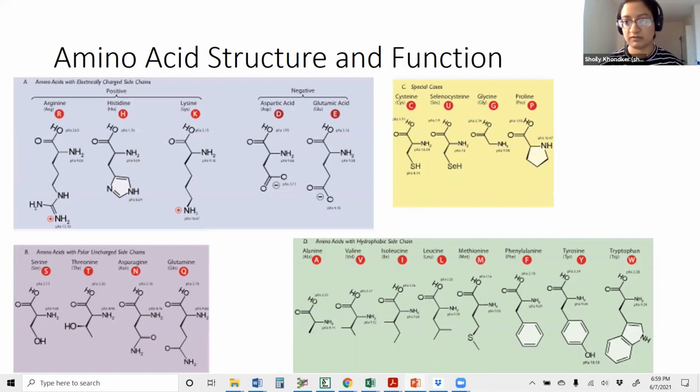In addition, it also affects protein folding. So if you have a protein that's in the cytosol, but it has a hydrophobic stretch, it can fold in a way that the hydrophobic stretch will be in the interior of the protein. Those are all aspects of protein regulation that are affected by the amino acid structure.